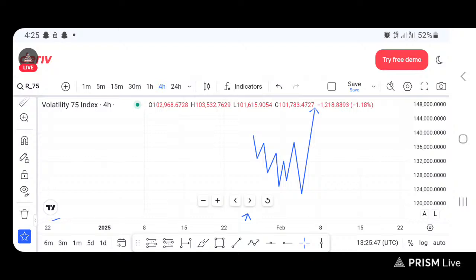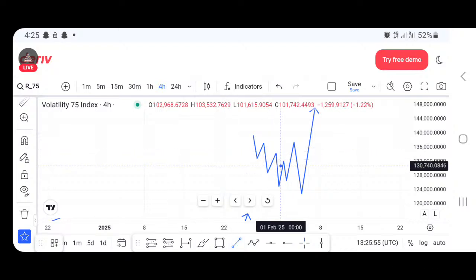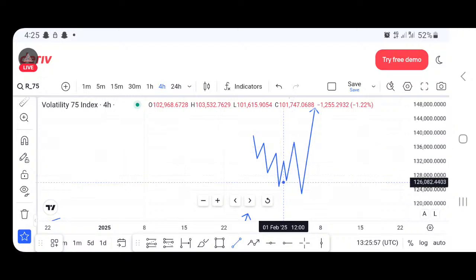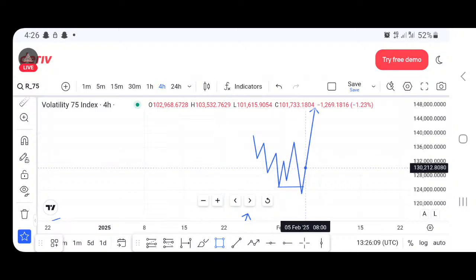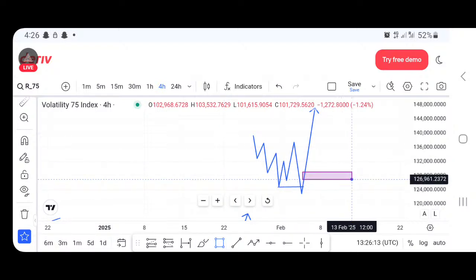So sometimes you always have to wait. You always have to wait. You wait for the market. After doing that, it shifts up, comes back, you wait. They first fake out these people. After faking them out, are you getting the point? The market will come to fill the fair value gaps which are here around this area, or the order block.